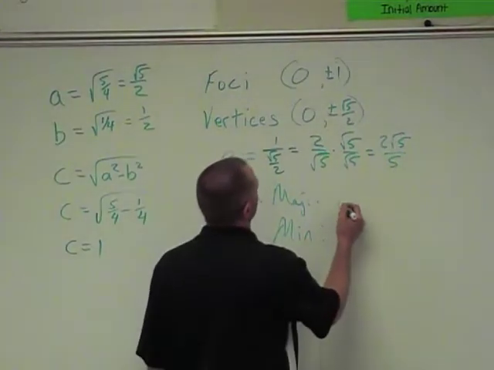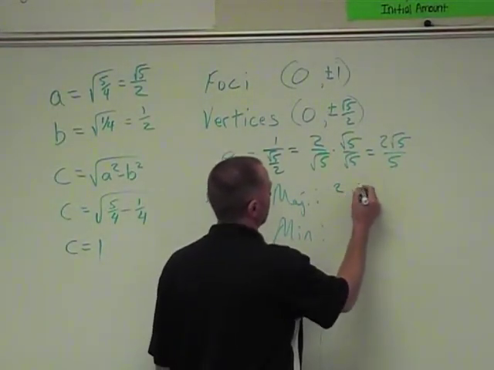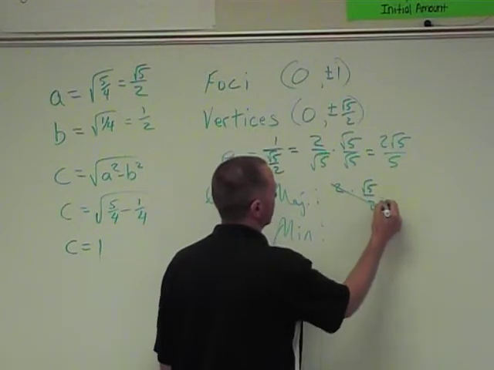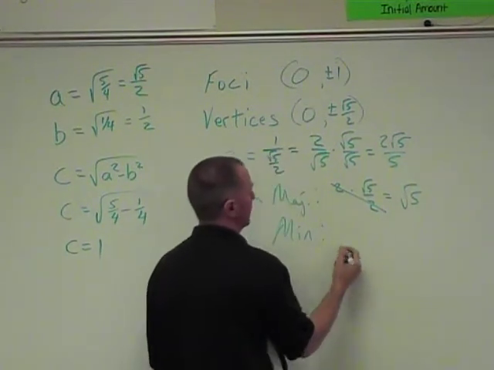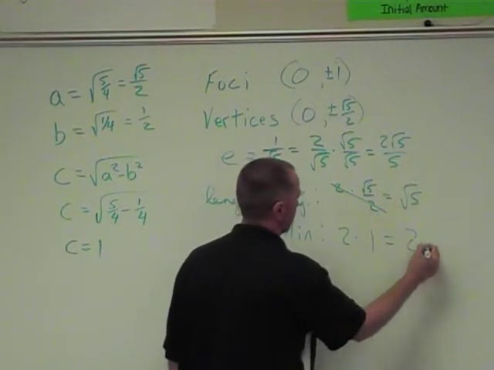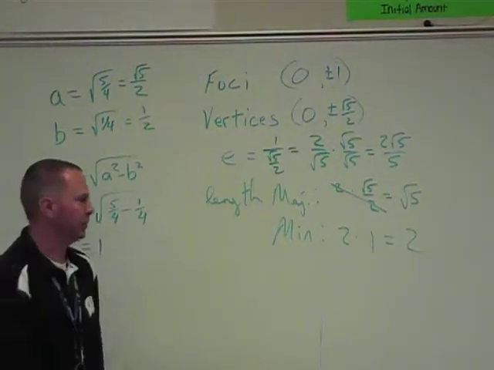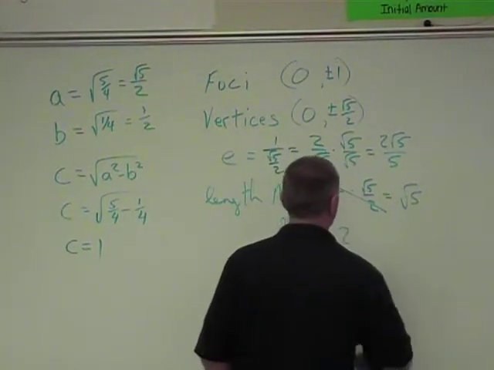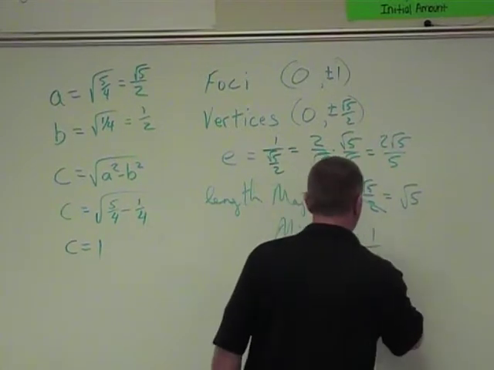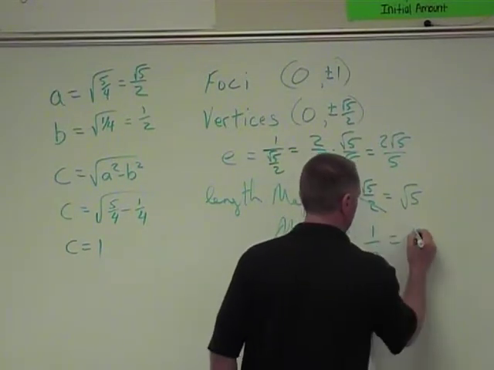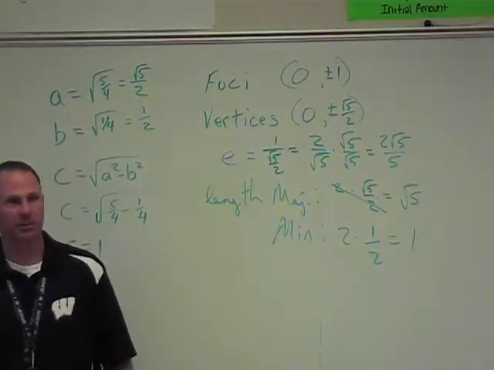Major axis 2 square root of 5. Yeah, square root of 5. Oh, sorry, B. Wait. Sorry. 1/2. There.